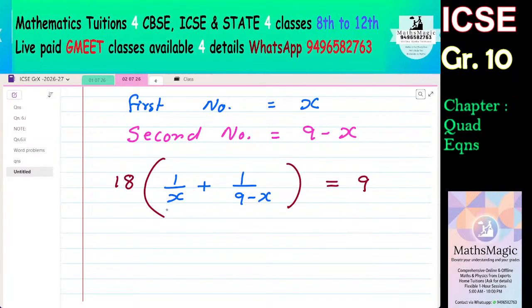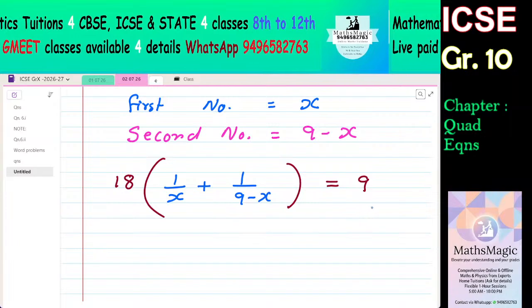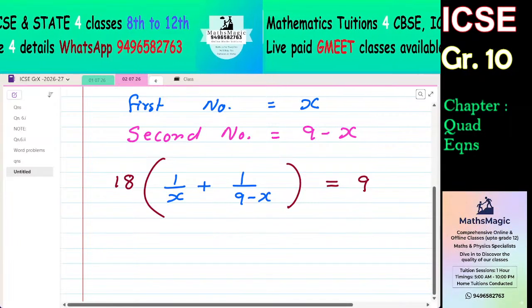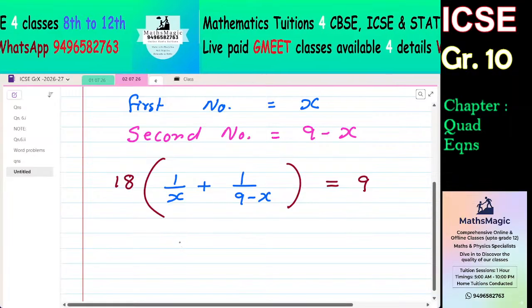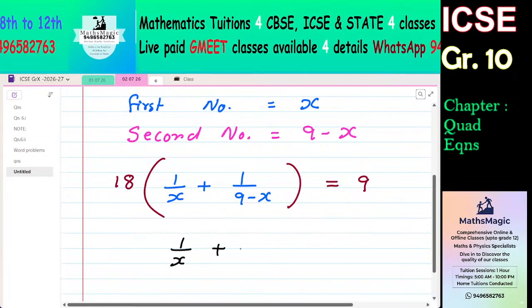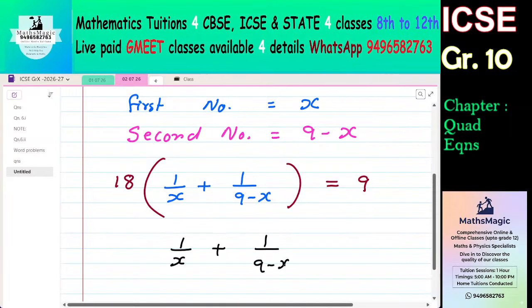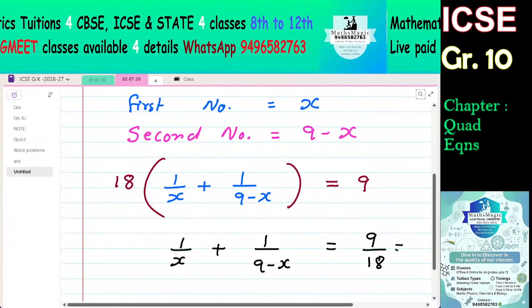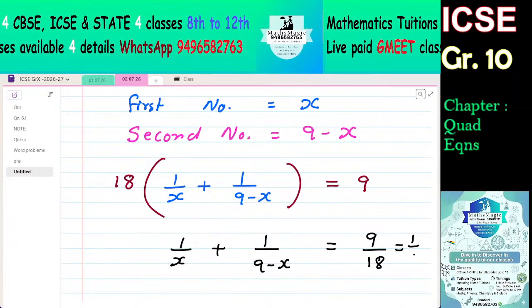Yeah, you're asking, is it okay to take that 18 to the right side and cancel with 9? It's okay, but not a big benefit. You can do it like that also. You can simplify wherever simplification happens, or you can do it like this.